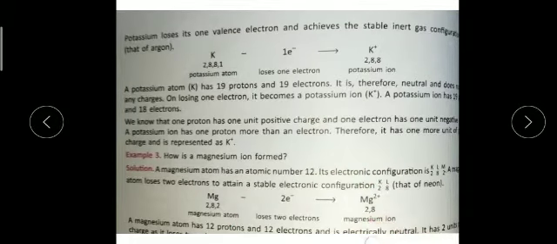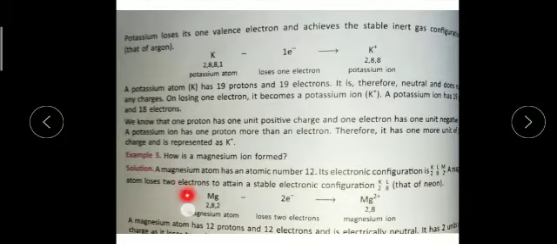A magnesium atom has 12 protons and 12 electrons and is electrically neutral. As it loses 2 electrons, it has 2 unit positive charges, with 12 protons and 10 electrons. The protons stay 12 but the electrons become 10.